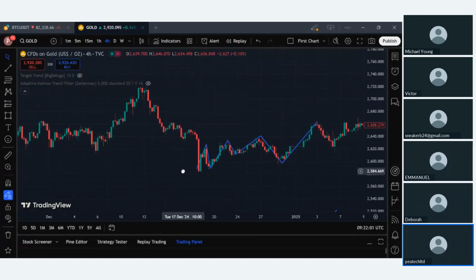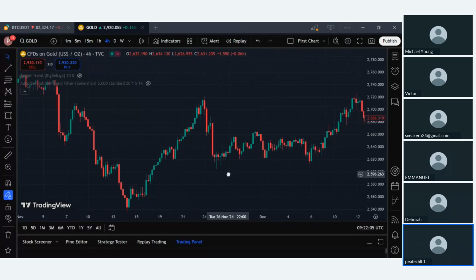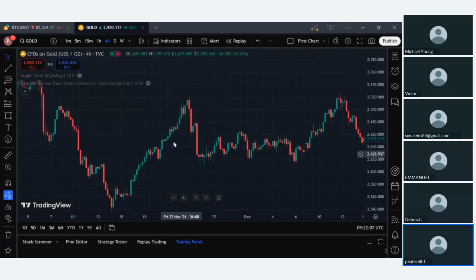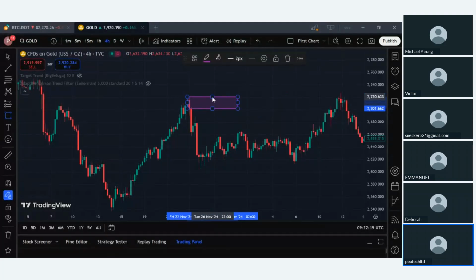So let me look for an example of what I mean by this for you. At the point where the market had an impulsive move, in this case, this market had an impulsive move downward, right? So this is the point. Now the red candle that caused that impulsive move is this one here. Let me draw it on the board complete like this.